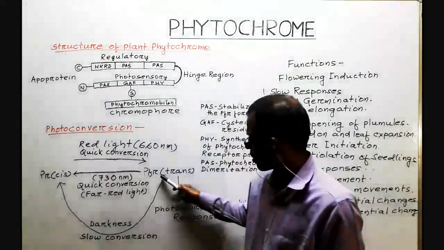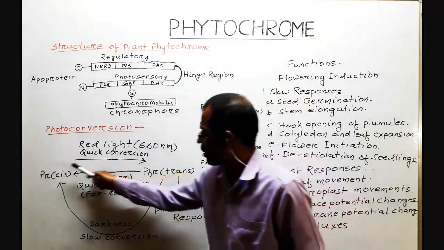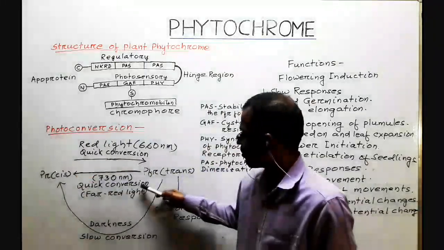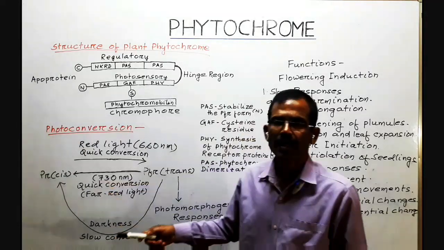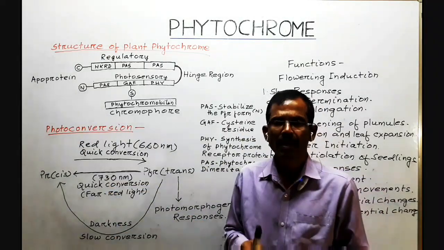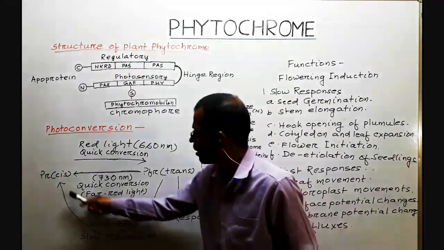This conversion of Pfr to Pr in the presence of far-red light is a quick conversion. In addition to this, in darkness, Pfr is converted slowly to Pr.